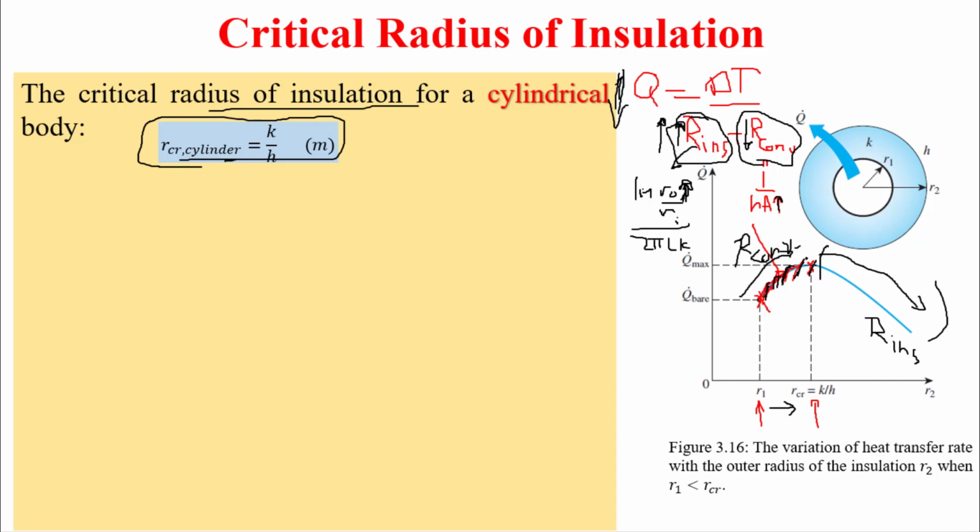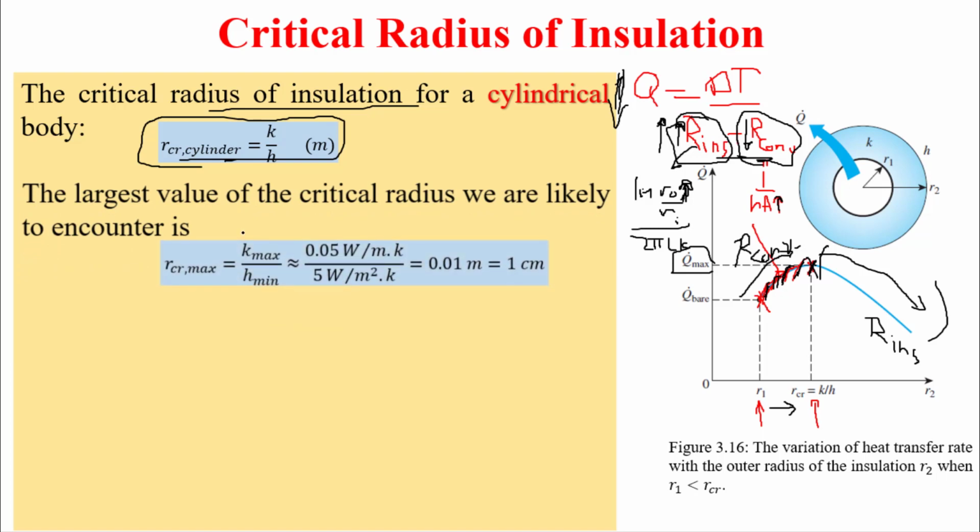At this point we reach equality, so the effect from both parameters reaches an equal amount, or we reach the maximum Q. For example, we take the average k value of the insulation divided by h minimum to calculate R critical, because we have two parameters affecting R critical. So this is the R critical for most of the insulation.